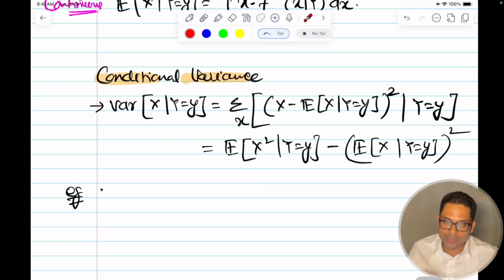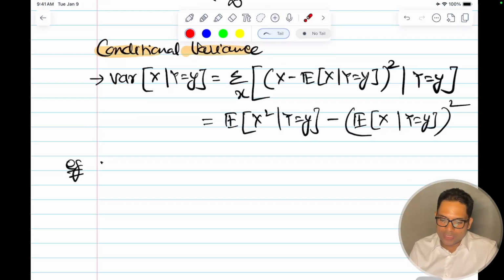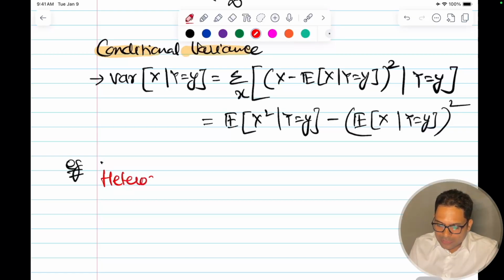When the conditions change, the variance changes, and depending upon the condition, my variance is changing. And why do we need to study this? There is one term we will discuss, related to the example I have told you, that is called heteroskedasticity.